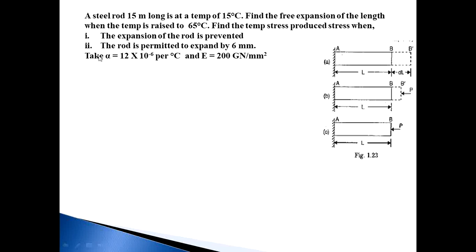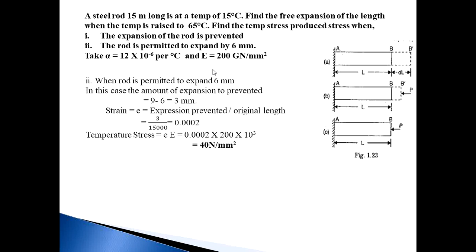Then next, the rod is permitted to expand 6 mm. The previous free expansion is 9 mm, so we know that if the rod is heated from 15 degrees to 65 degrees, the expansion that occurs is 9 mm. Now out of that 9 mm, the 6 mm expansion is permitted, meaning only 3 mm is not permitted.